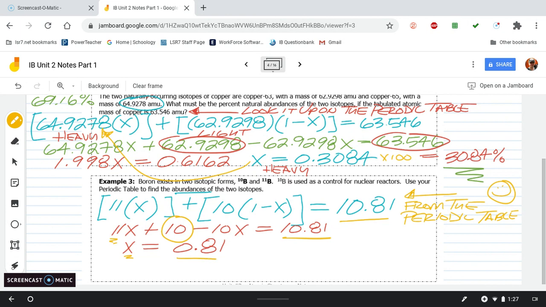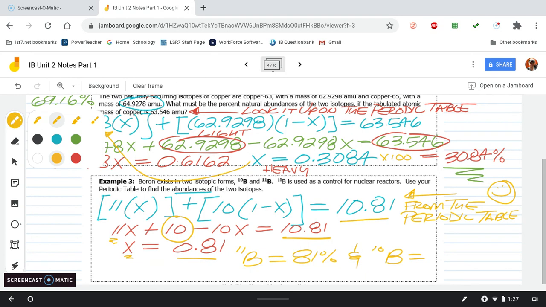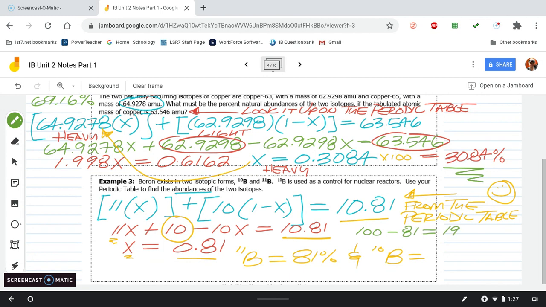That means our boron 11 is going to equal 81%, and the boron 10 is going to equal, now how do we figure that out? Pretty straightforward. We take 100 minus 81, and that gives us 19. So boron 10 is 19%.